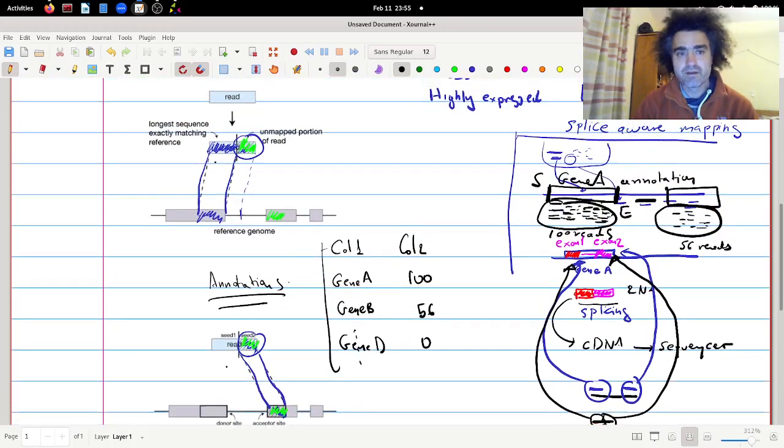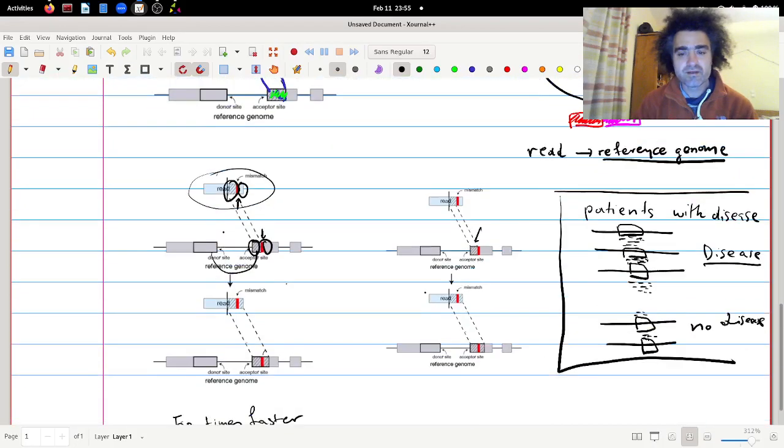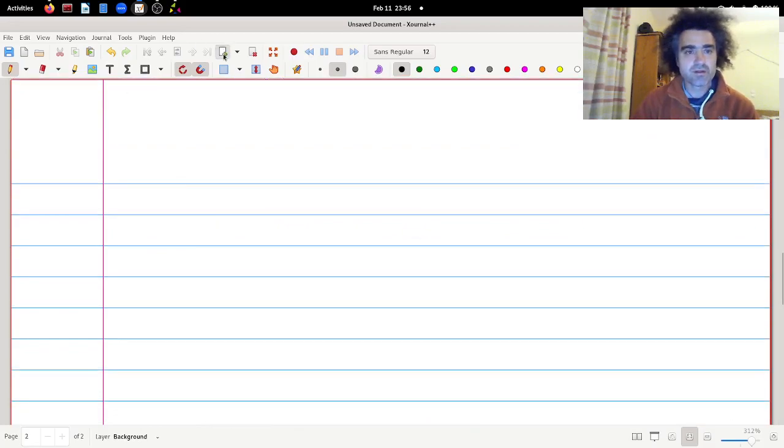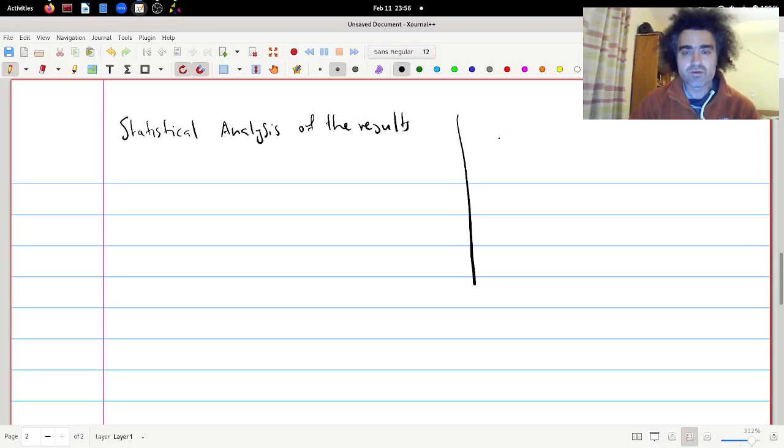Okay, and then the next step will be to perform statistical analysis of the results. Why do we need the statistical analysis? Imagine that we have two groups.